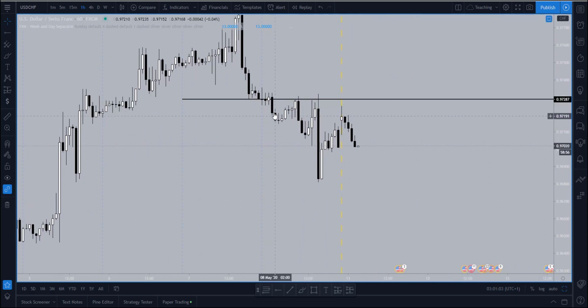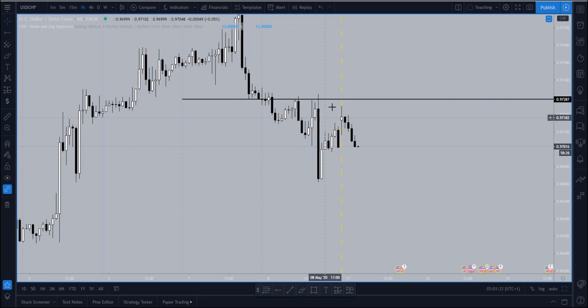we have that close. So once this closes below, then we have the opportunity to go in and start looking for possible sell scenarios. Once price closed below this line here, we go in and start looking for shorts.